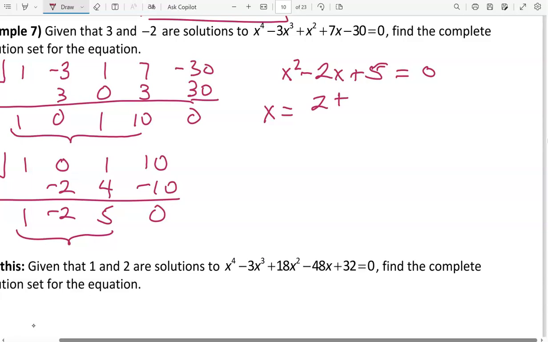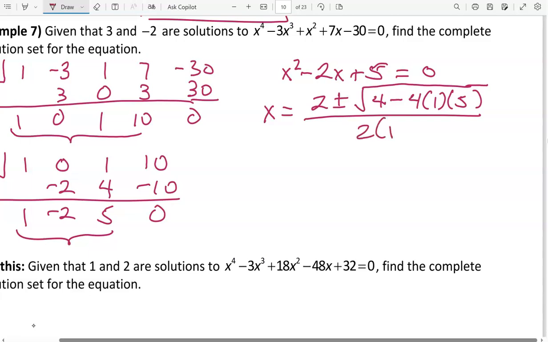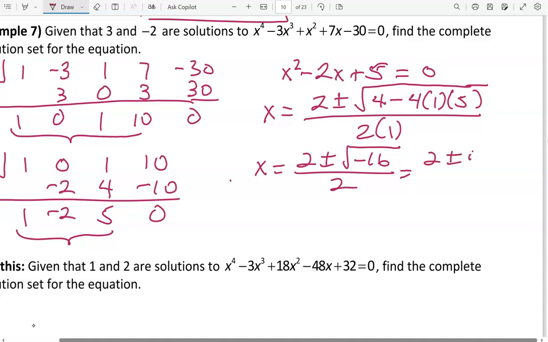x equals the opposite of b plus or minus the square root of b squared, which is 4, minus 4 times a times c, all over 2 times a. So simplifying, 2 plus or minus the square root of 4 minus 20, which is negative 16, over 2, or 2 plus or minus 4i, all divided by 2.